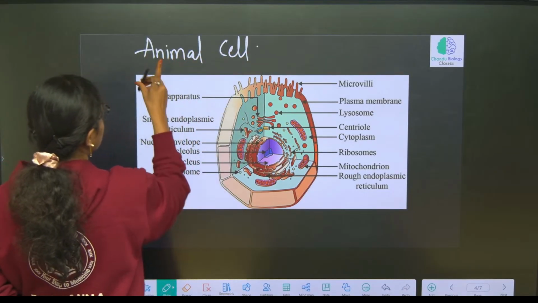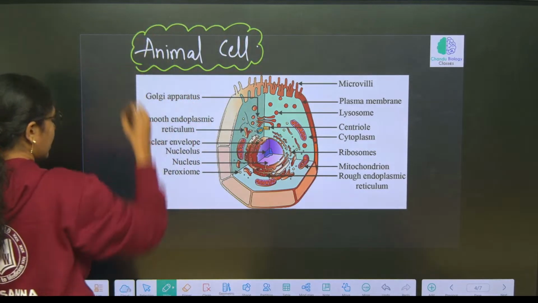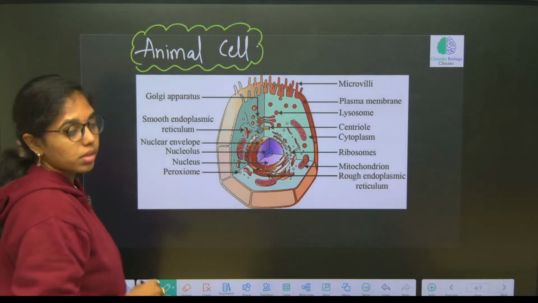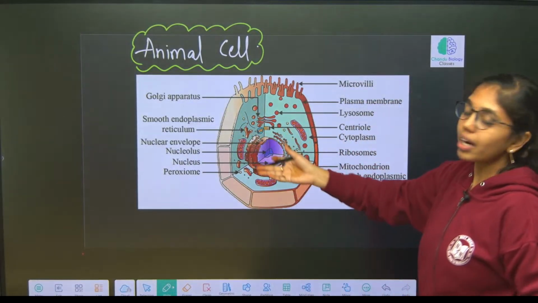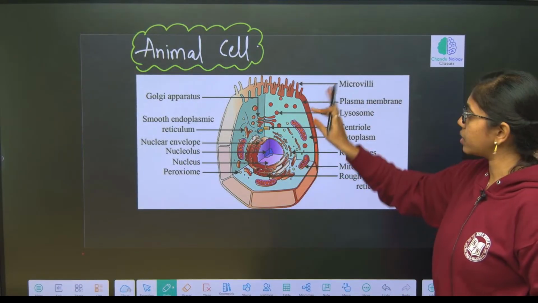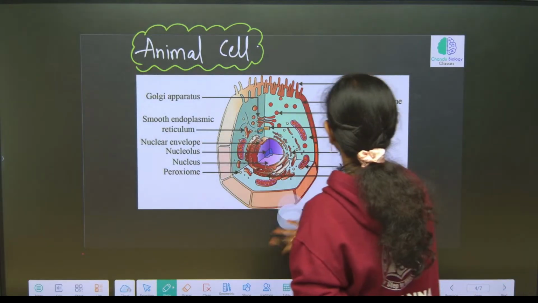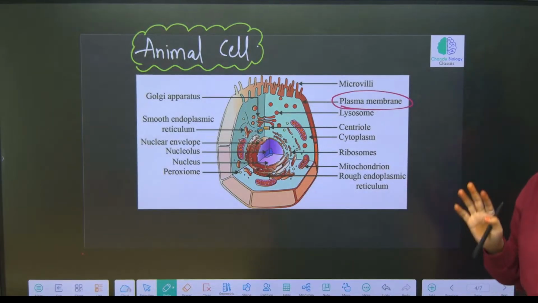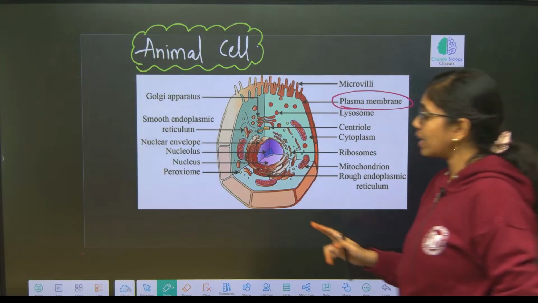In an animal cell, the outermost limiting boundary is the cell membrane, and this diagram is the cell of your small intestine, showing the microvilli. So, the outermost limiting boundary is the plasma membrane, and the double membrane bound organelles observed inside an animal cell include the nucleus.